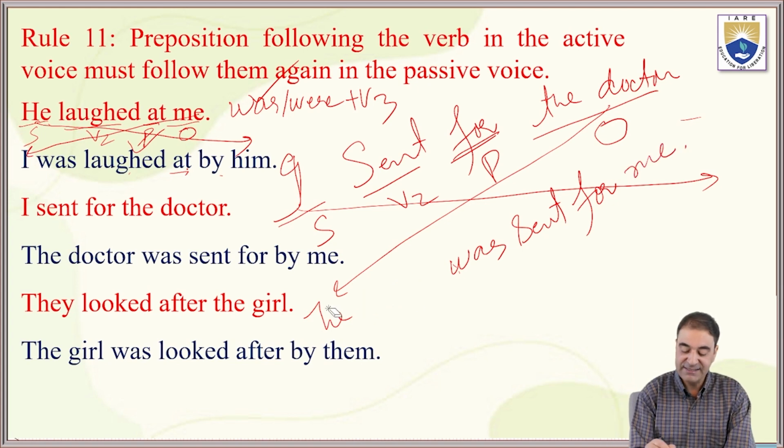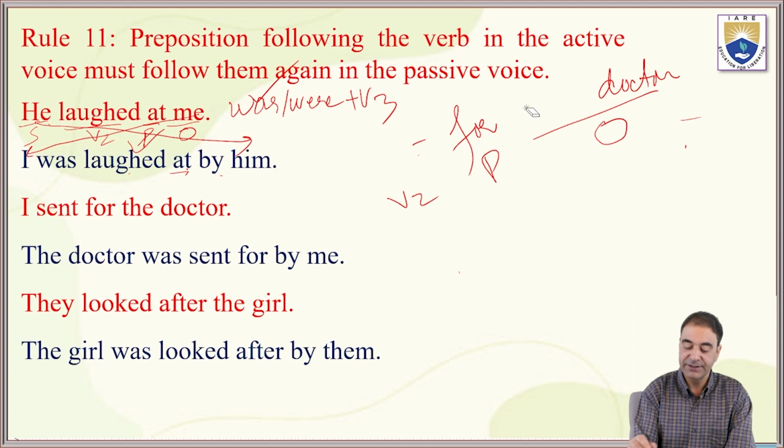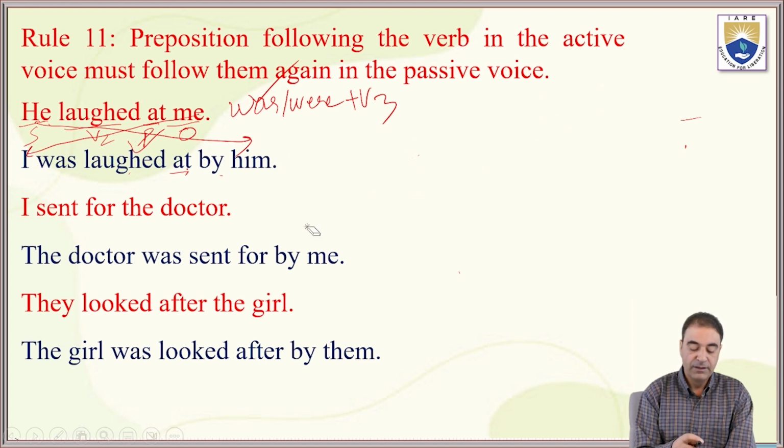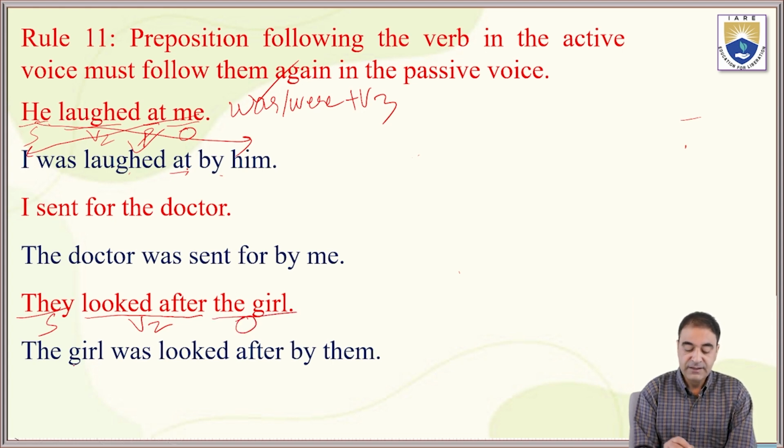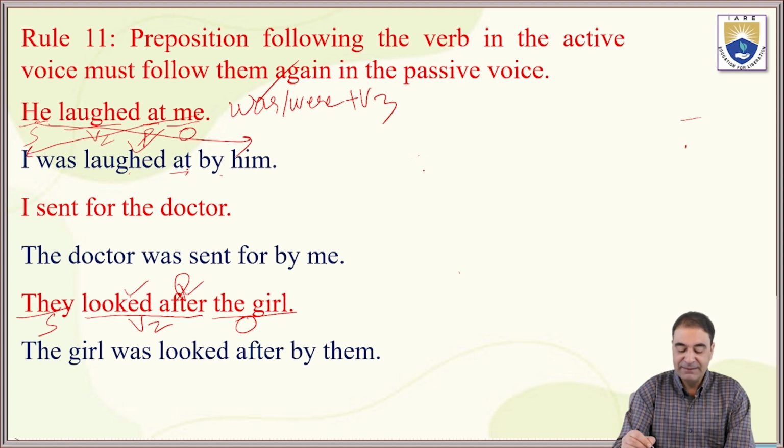Now look at the next example. "They looked after the girl." "They" is the subject. "Looked after" is the verb in second form. "The girl" is an object. Here we have "looked," followed by the preposition "after," and this preposition will follow the verb in the passive voice. This is simple past tense.